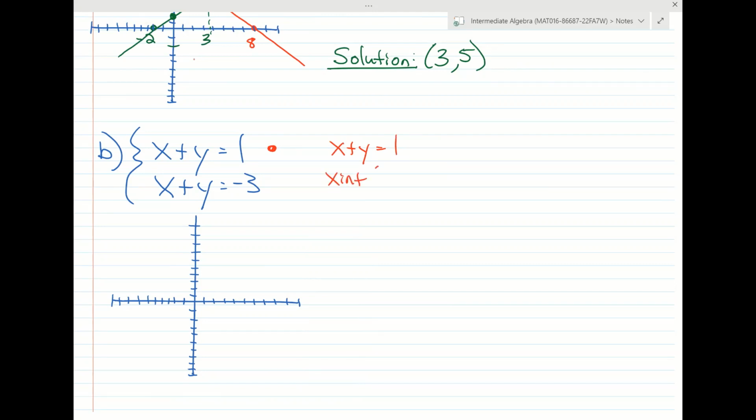Where we get the x-intercept is we make y 0, and we just get x is 1. The way you get the y-intercept is you make x 0 and y is 1. The line would look something like that.